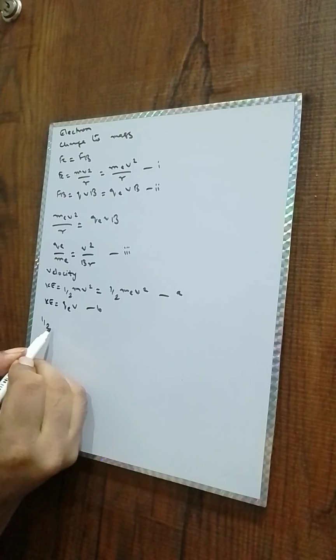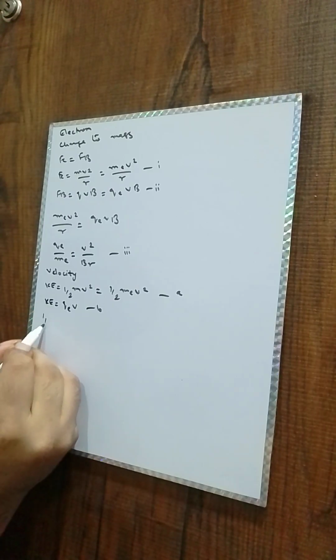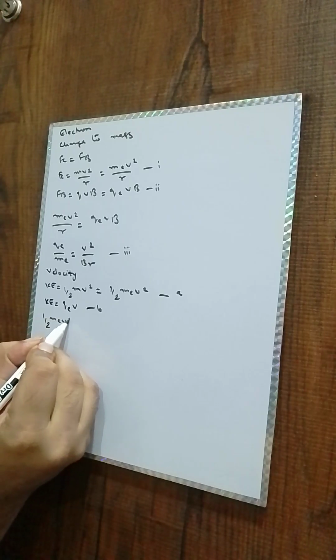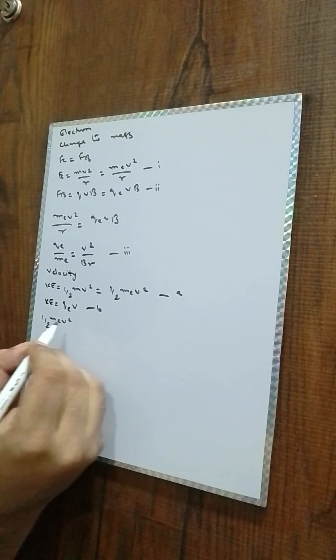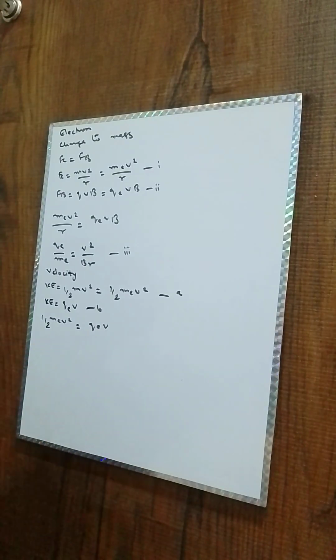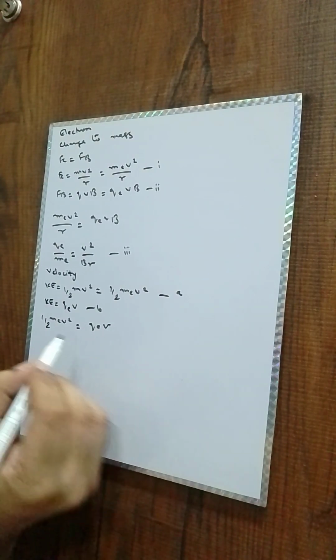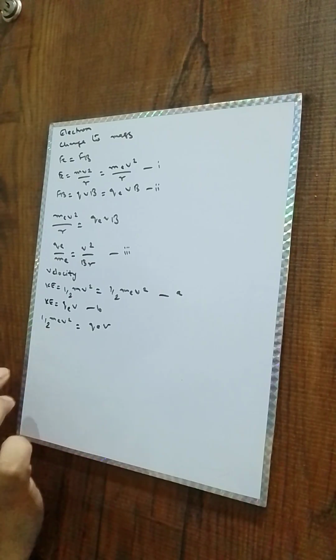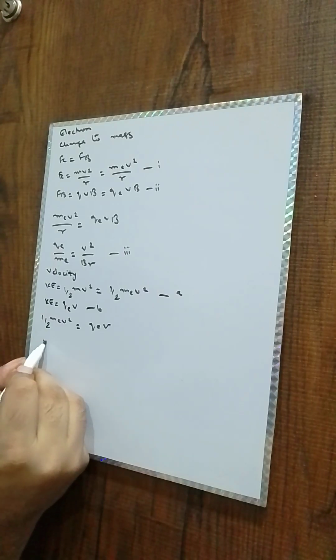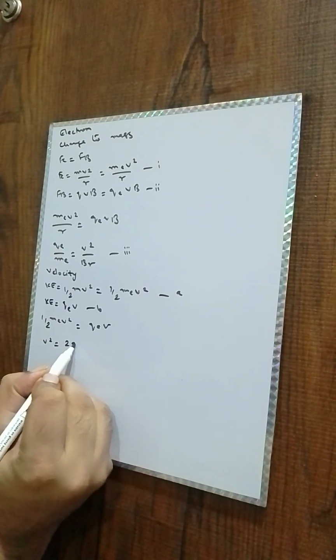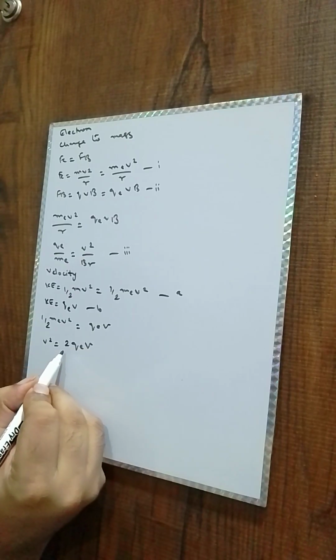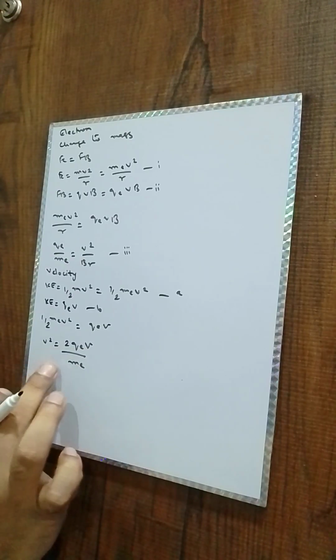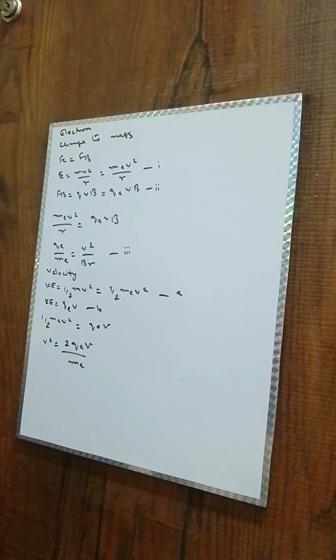So 1 by 2 m_e v squared would be equal to q_e V. So v squared would be 2 q_e V by m_e. The charge to mass ratio lies within, and 2 times the voltage, 2 times the potential, sorry. V is the potential.